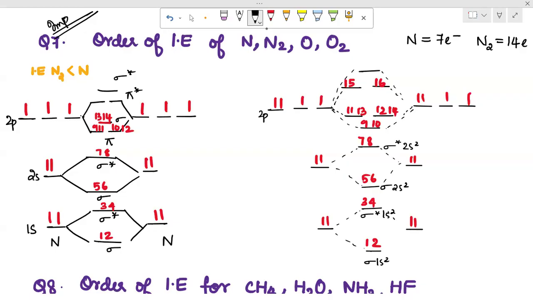The energy required to remove the last electron from O2, whose position is higher than that of O, so the ionization energy to remove the last electron from O2 is lower than that of O.